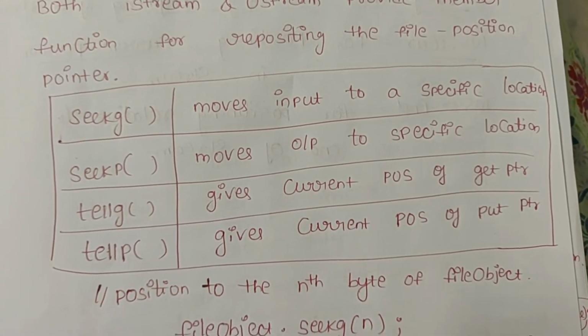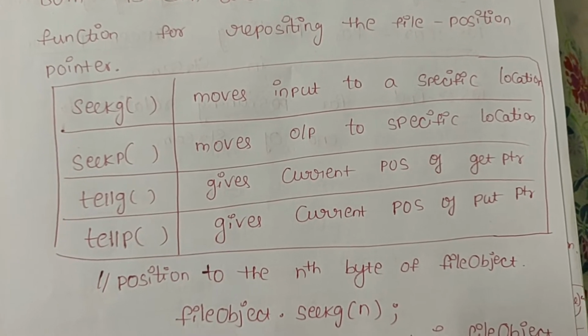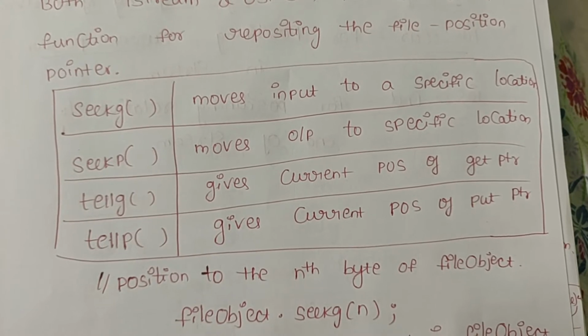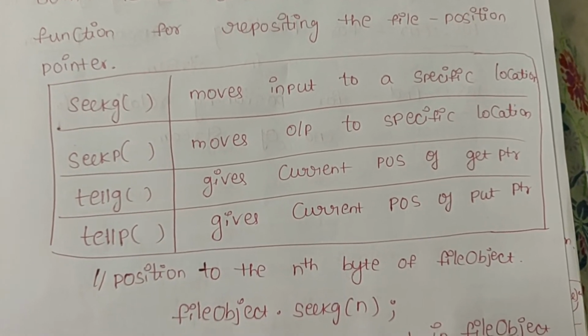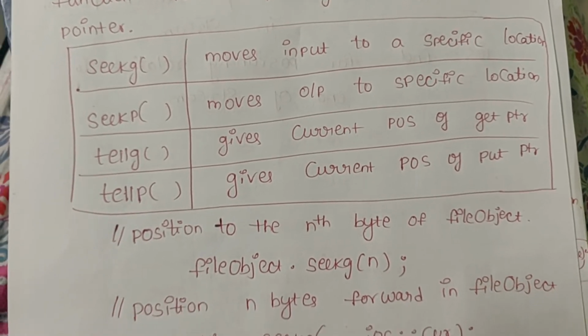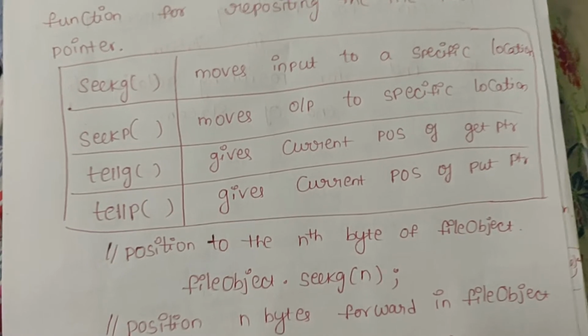In the same way, if we are referring to the current position, tellg gives the current position of the get pointer. It is g, that is why get pointer. Similarly, tellp gives the current position of the put pointer. So we see how these will work.